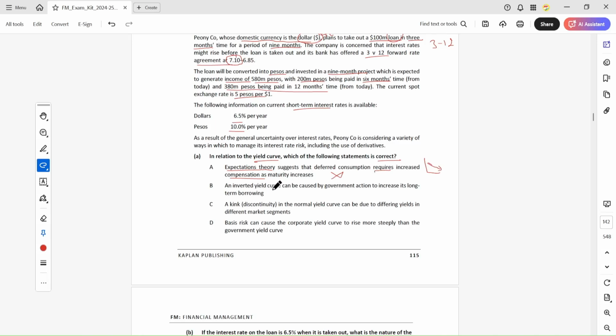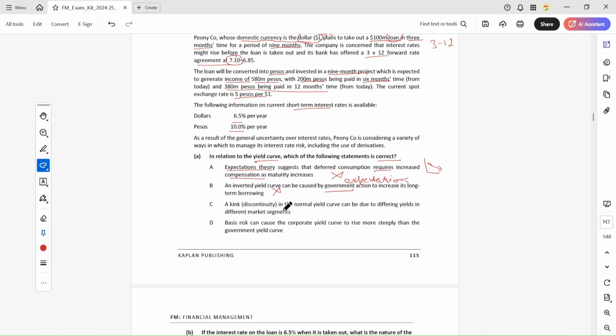An inverted yield curve is caused by government action to increase its long-term borrowing. It's not about government, it's about expectation, the expectation of lenders. Okay, so this is incorrect.